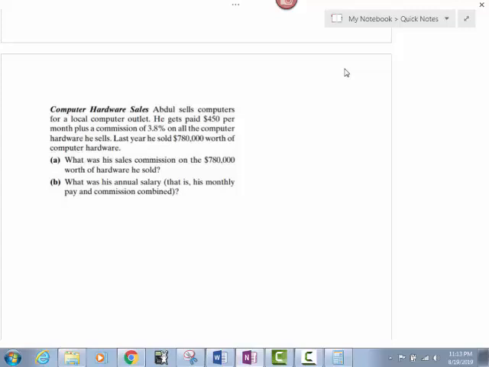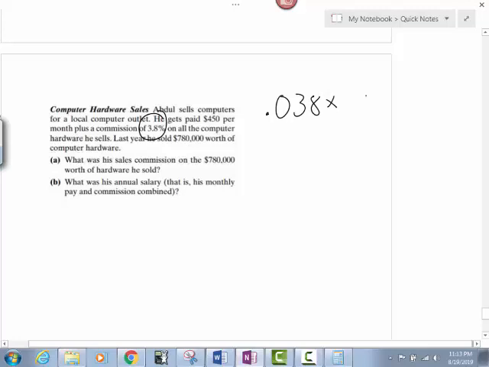What was his sales commission on the 780,000 worth of hardware he sold? Okay, so this is just like the problem we did before. First thing I'm going to do is change that percent to a decimal. I'm going to move it 2 spaces to my left. 0.038.